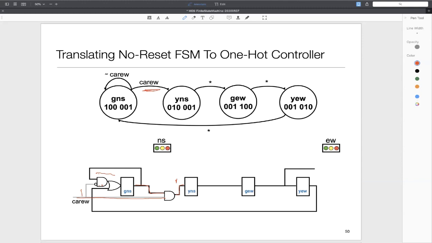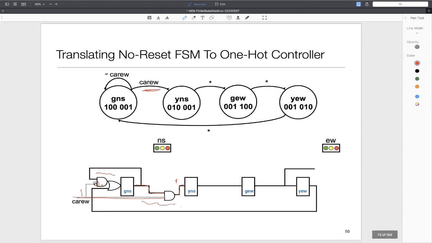The other part we need to make sure of is that if car east-west is 0 and we are in GNS, then we stay in GNS. You would see that also. If car east-west is 0, then this will become active, and GNS is high, so GNS will remain high.